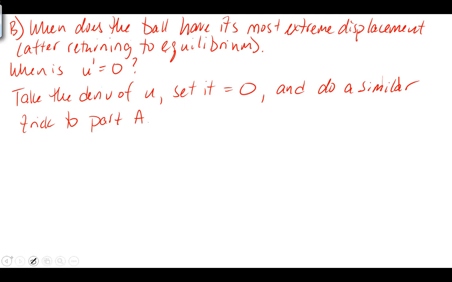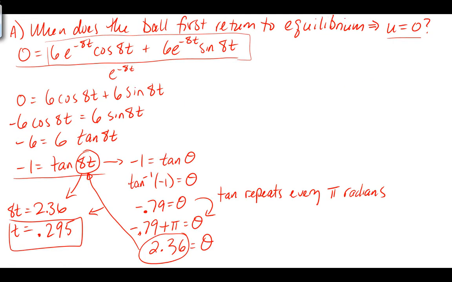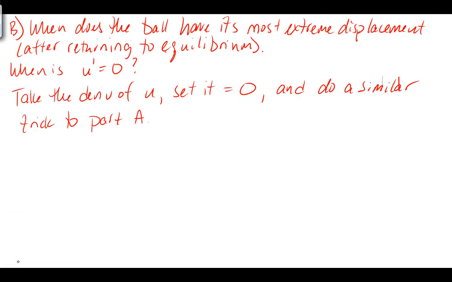This is just a little bit awful because you end up with 4 pieces, because each of these is a product rule. All right, but you get some stuff with cosines, you get some stuff with sines, and you put them together in the same way. You put them both on one side and make it into a tan, and then you're good to go. But this is pretty awful and ugly, so let's not do that. But that's the idea of this.